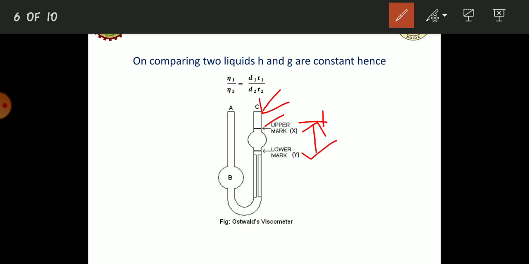Once we have filled the distilled water, there is no need to remove it again and again.